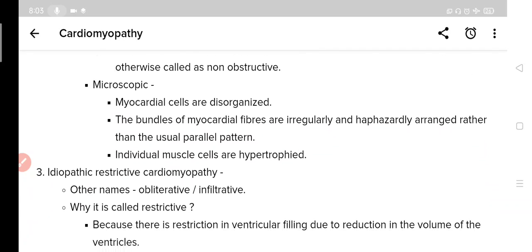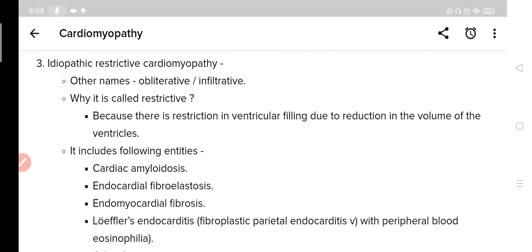Now we will start today's lecture, and we will study the third form of primary cardiomyopathy, that is idiopathic restrictive cardiomyopathy. Its other names are obliterative cardiomyopathy or infiltrative cardiomyopathy. Why is it called restrictive cardiomyopathy?